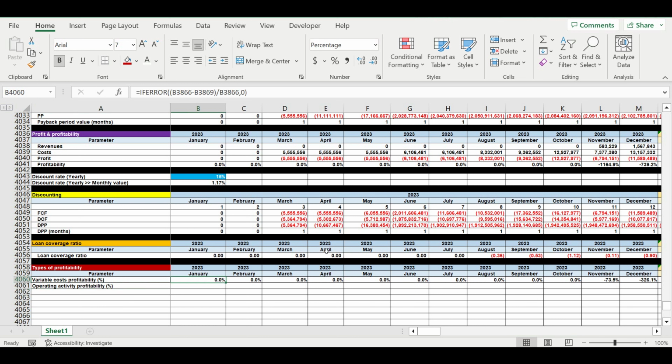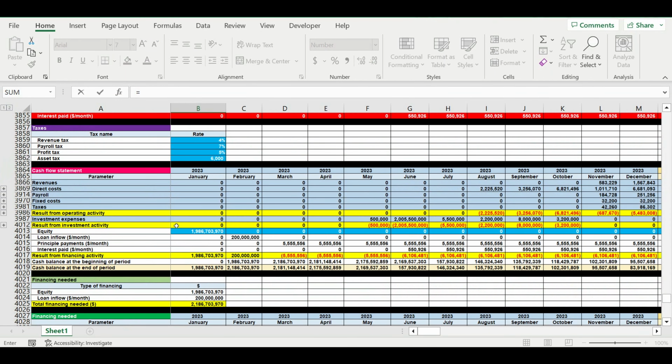The formula for that will be, I will take the result from operating activity and divide it by the revenues. So this means that revenues minus direct costs minus payroll minus fixed costs minus taxes, this is the result from operating activity, and this value we divide by revenue.